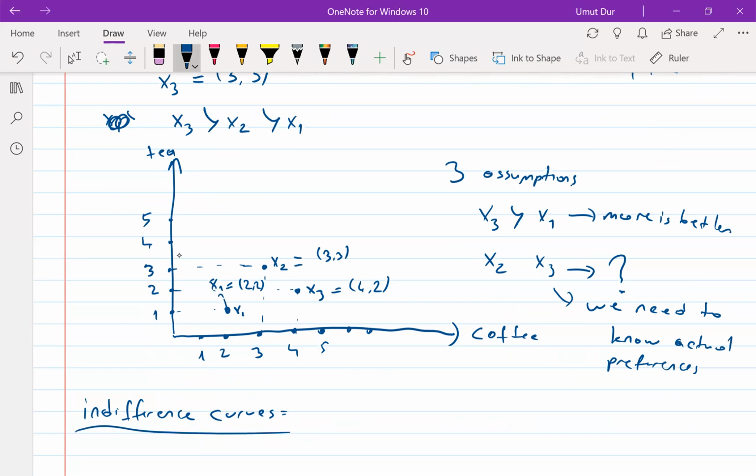Before going to more detail, let me ask you a very simple question. Let's say this is another bundle. As you can see, x4 is 3.5 and 4. Is there a problem there?